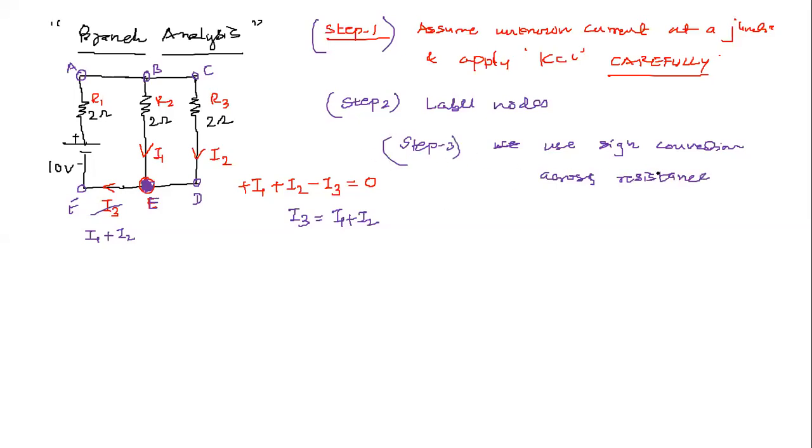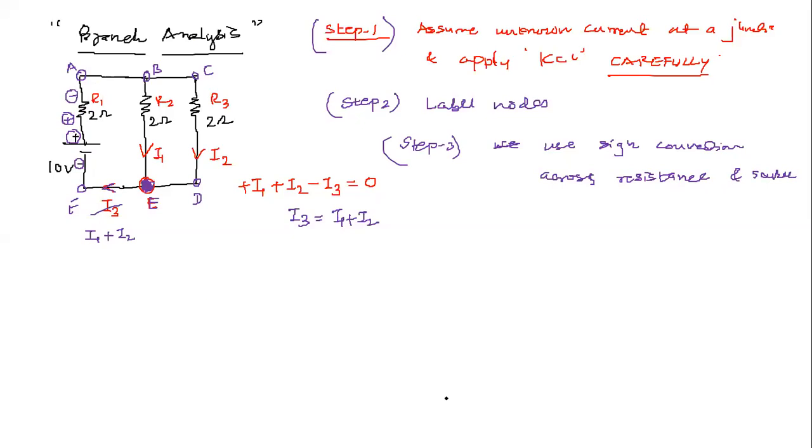Use sign convention across resistances and sources, whatever the source we have. We have already marked the polarity of the battery, right? It won't change. Now this current is flowing upward. Now look at this, I1 plus I2 is actually flowing. That is your I3 is supplied by this battery. So this end will be positive and this end will be negative.